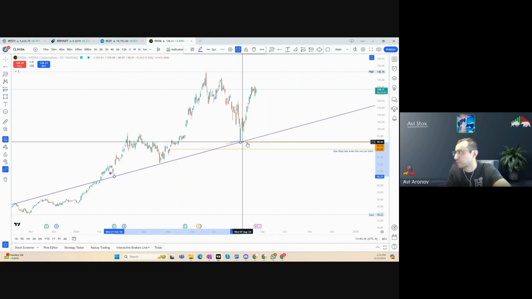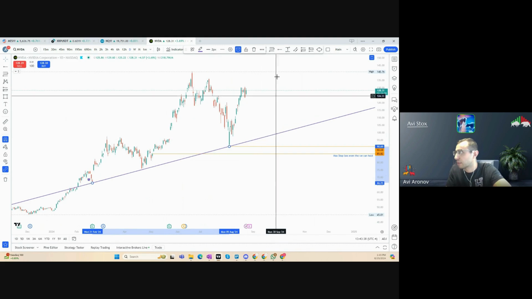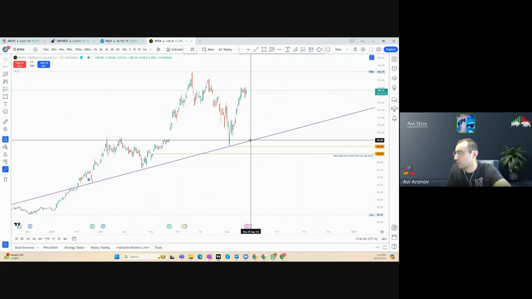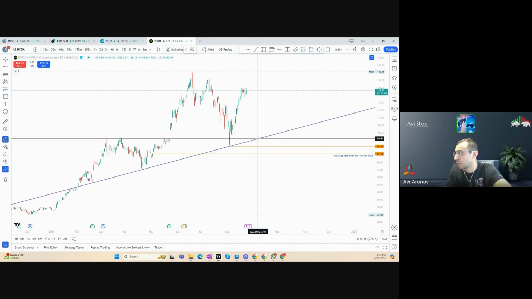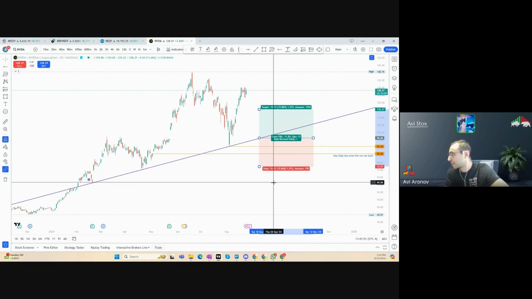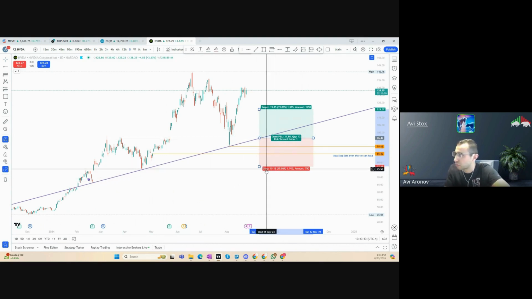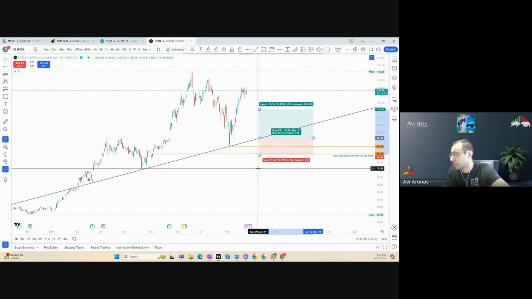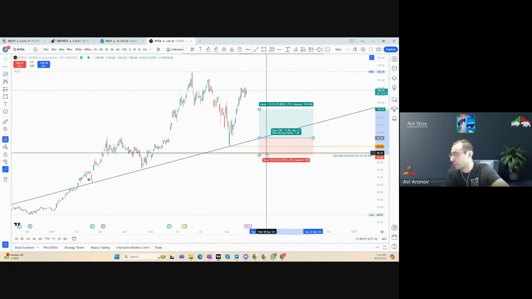Okay, so let's say an example, we enter here long. Let's say we enter here even, at a price of 96 and 42 cents. And let's say we put our stop loss here. That's 100 shares.